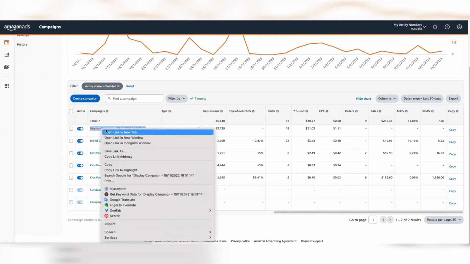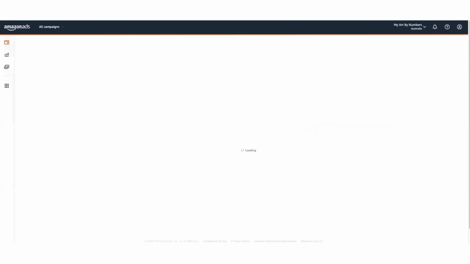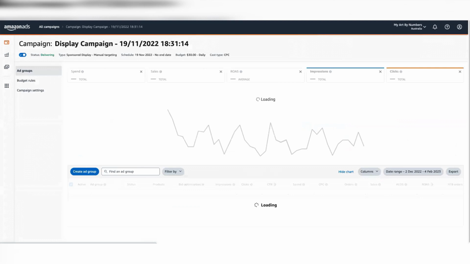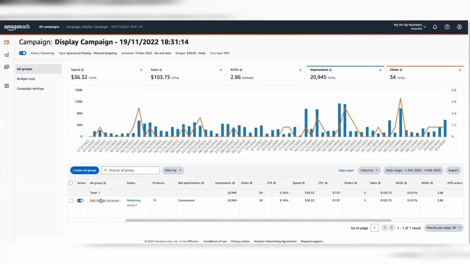So we'll just click into this one and see what the targeting is. We've got one ad group. We'll click into the ad group.